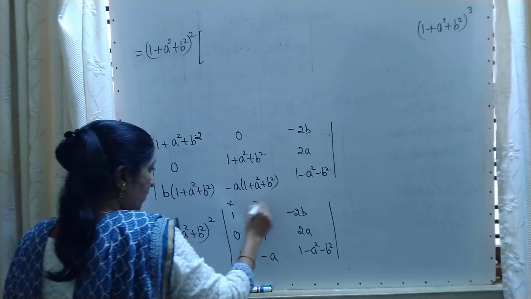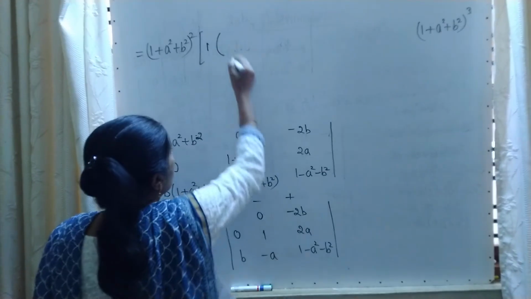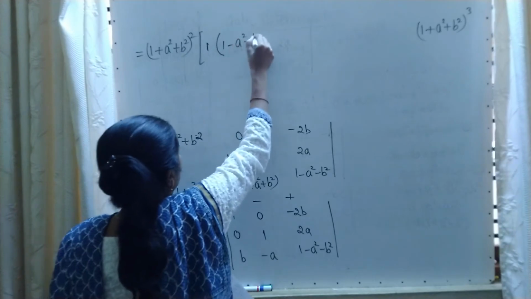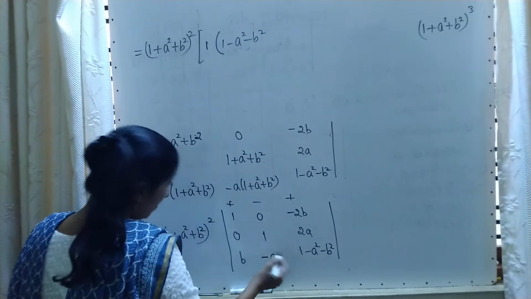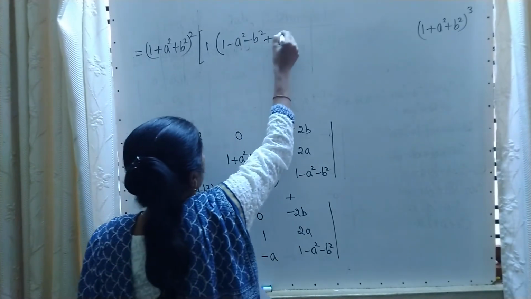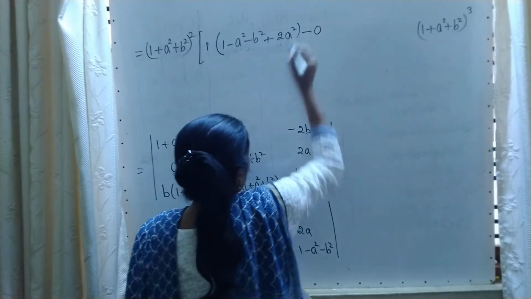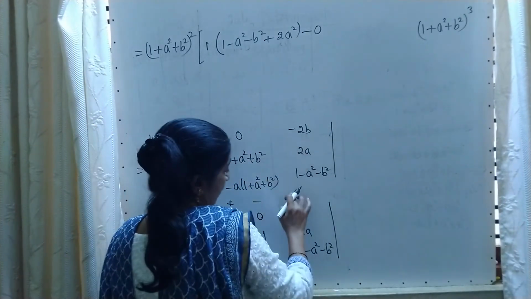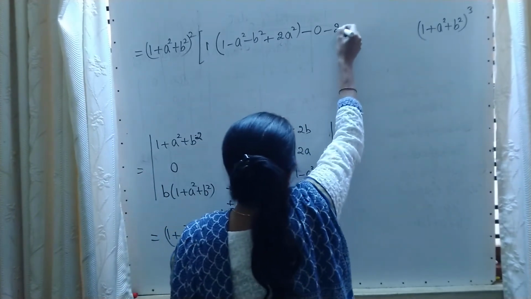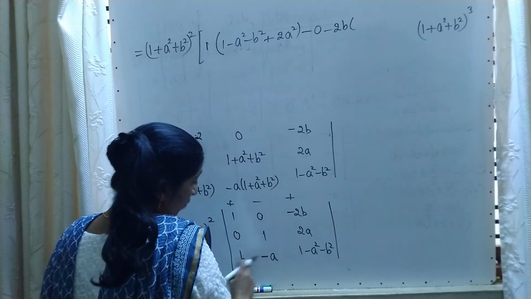First plus minus plus, 1 in the bracket, this into this: 1 minus a square minus b square. Minus here this into this, but we are taking a minus. Already minus is there, become plus. Next minus 0, I am writing only 0 because 0 into anything is 0. So that's why I am not writing the next element. Plus into minus is minus 2b. What is remaining in the bracket? 0 into anything is 0. 0 minus b.